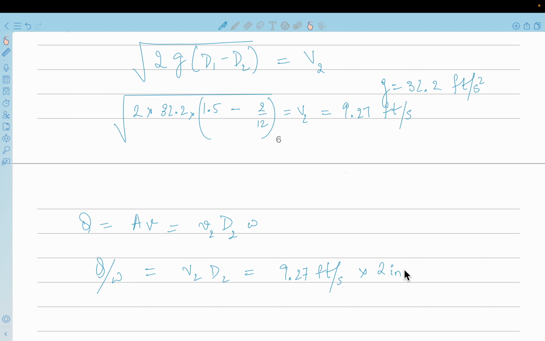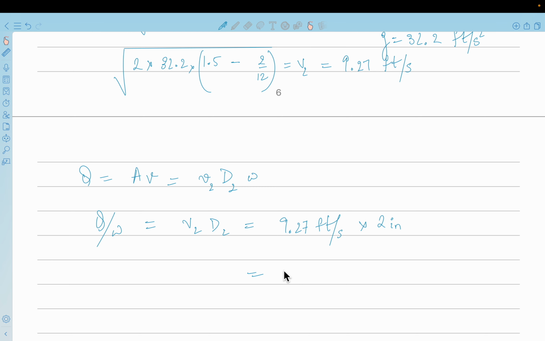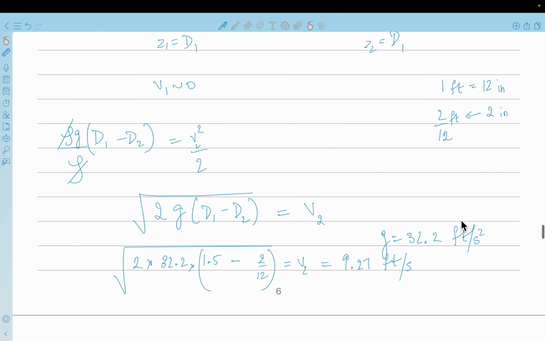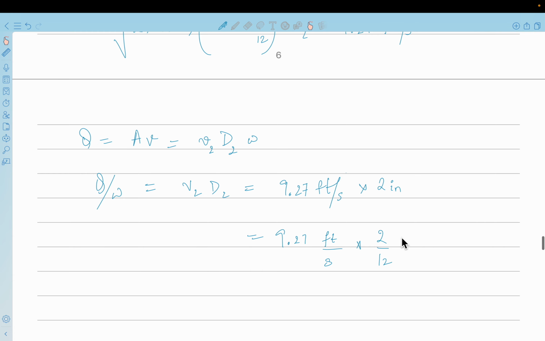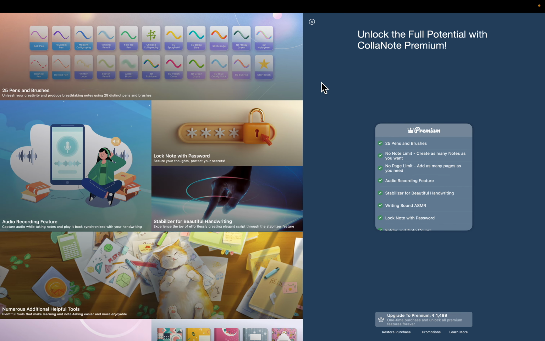So of course you can convert this 9.27 feet per second into 2 inches, which we just now wrote as 2 by 12 feet, right? So this is feet square per second. So can you tell me what is the answer?